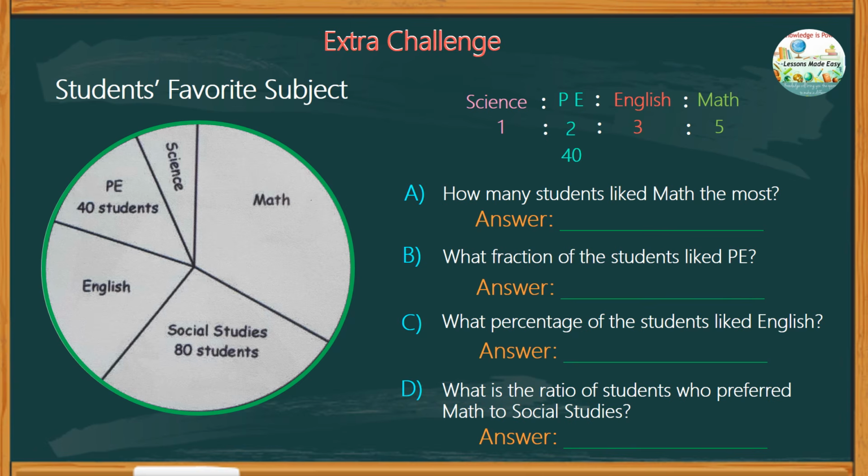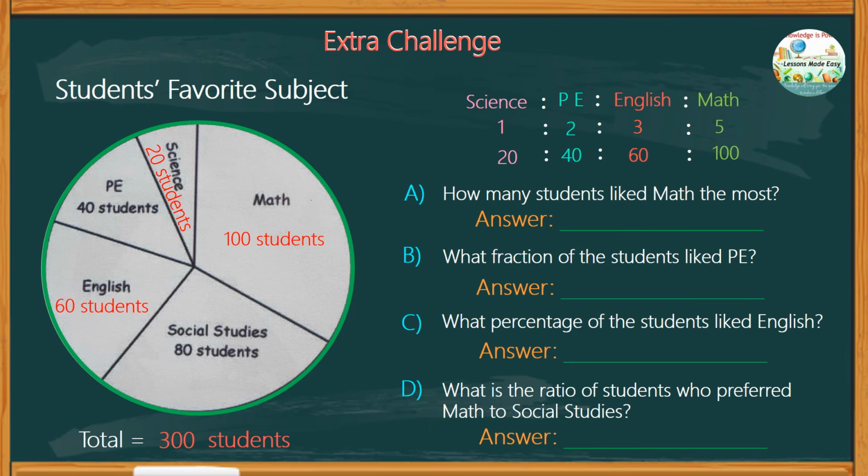It goes to show that 1 unit for science is equal to 20 students. 3 units for English is equal to 60 students, and 5 units for math is equal to 100 students. Add all these numbers to 80 students who like social studies, we get a total of 300 students.